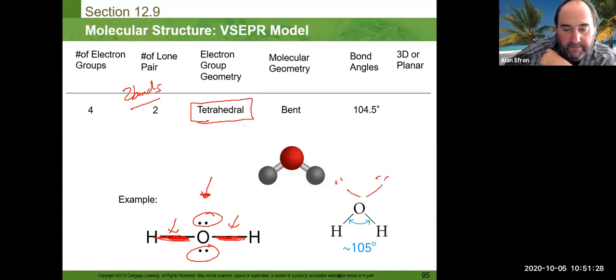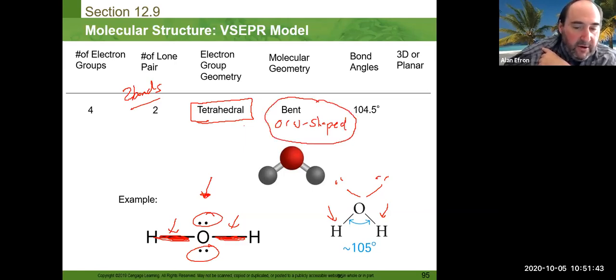As they do, our bonds move as well. And what we get is a molecular geometry known as bent, or V-shaped as some people call it, as the molecular geometry or shape. And in this case, we get a bond angle that's less than 109.5. We actually get about 104.5 for water.